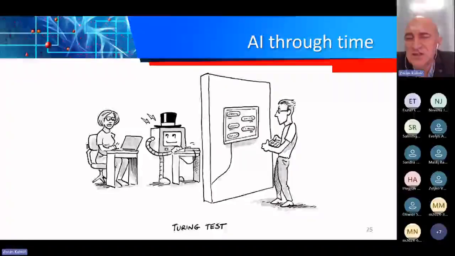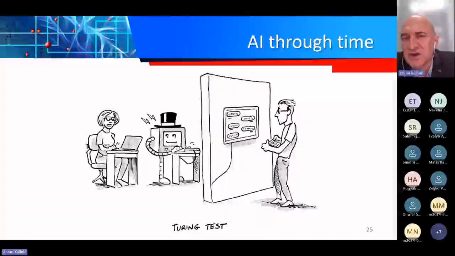So the idea is that you have the interrogator, one person, who is asking questions to one human and one, let's say, computer. And based on these answers, he should decide at the end which answers were given by the human and which answers were given by the computer.